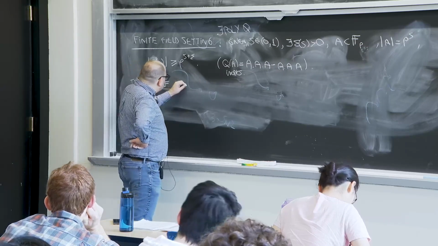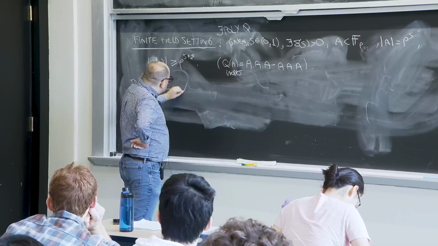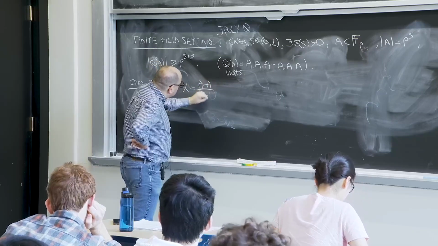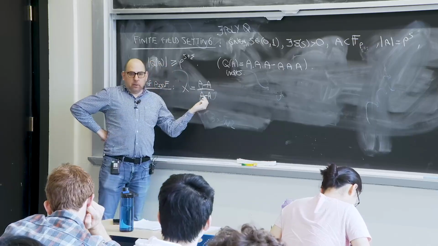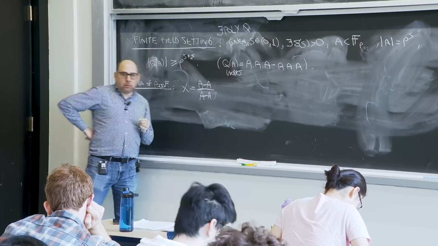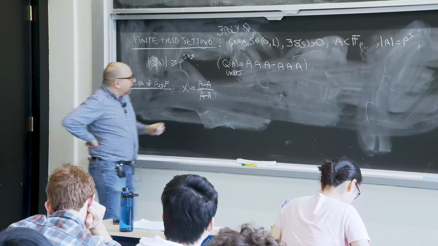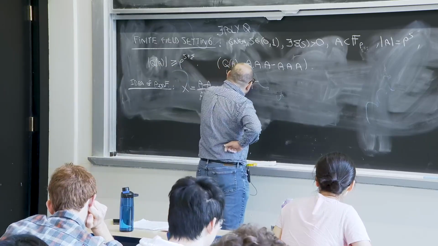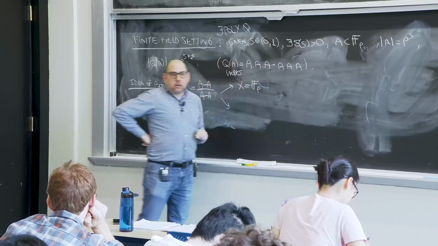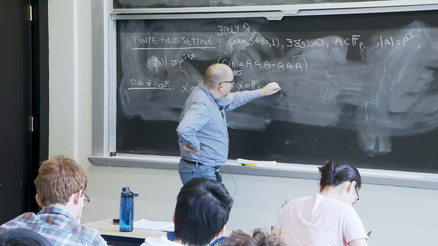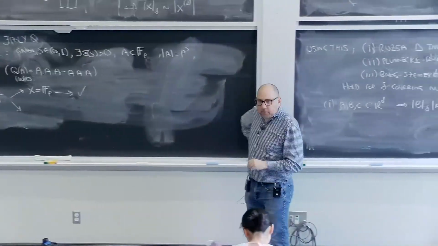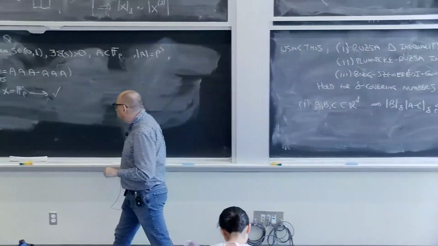So one looks at, let's call it X, (A minus A) over (A minus A). And here we skip 0. We don't want to divide by 0. And then there are two possibilities. Either X is everything, and then one can conclude in some way. I'm not going to recall how to do it.